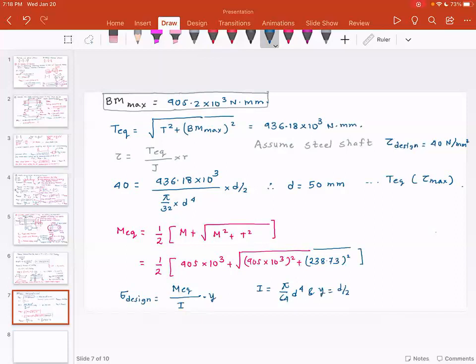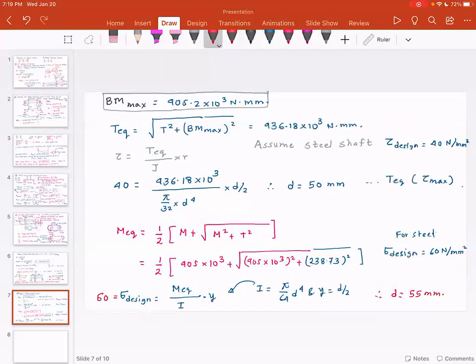When you substitute these in this equation, for steel, sigma design is 80. You can use anywhere between 60 and 80. Just to be on the conservative side, I'm going to use 60 Newton per millimeter square. So this is equal to 60. You can find the value of d is equal to 55 millimeter.